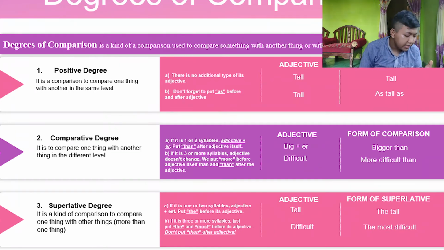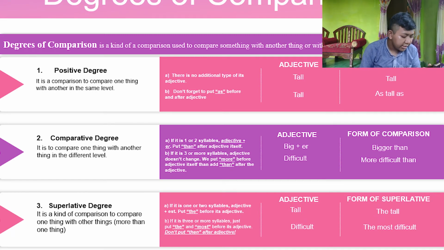The second kind is the comparative degree. It is to compare one thing with another thing at a different level. There are two rules in this comparative degree. The first rule: if it's one or two syllables, we put the word than after the adjective. So adjective plus than.